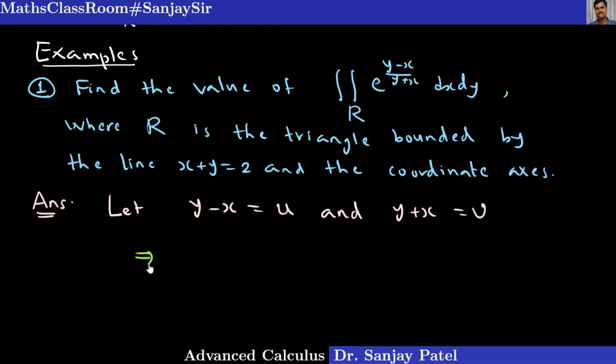If you add these two, what you will get is 2y is equal to u plus v. So we will get y is equal to 1 by 2 times (u plus v).